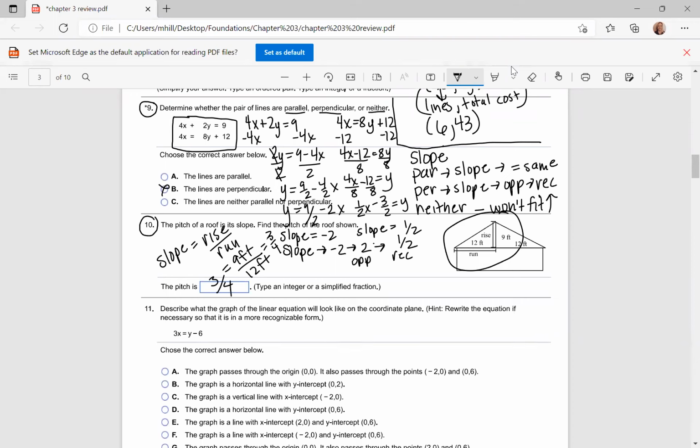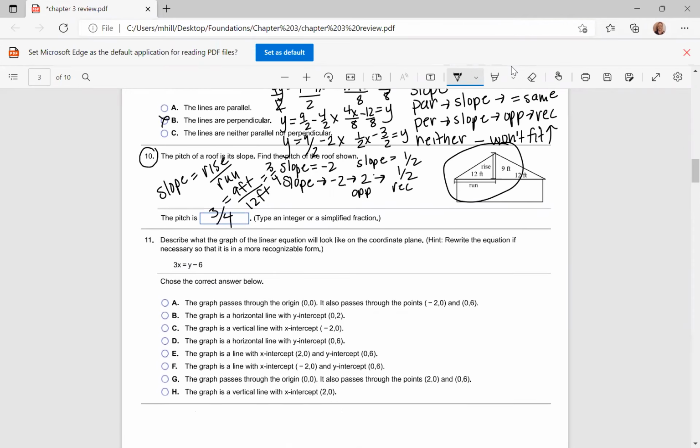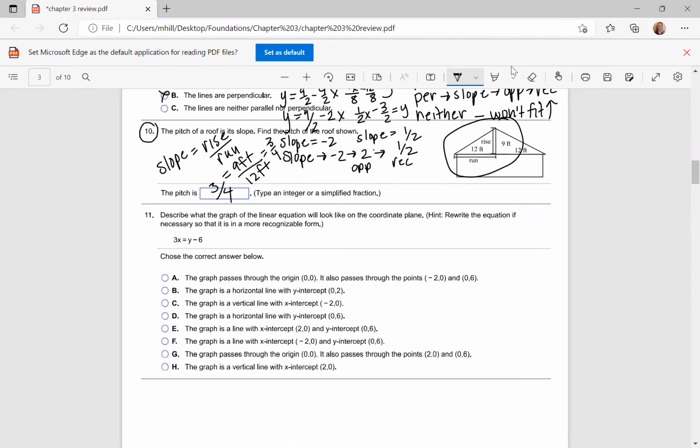Okay, I feel like I went fast on that one, so I want to make sure I slow down. So on number 11, they're asking us to basically describe what the graph of the linear equation will look like on the coordinate plane. So let's write this down.